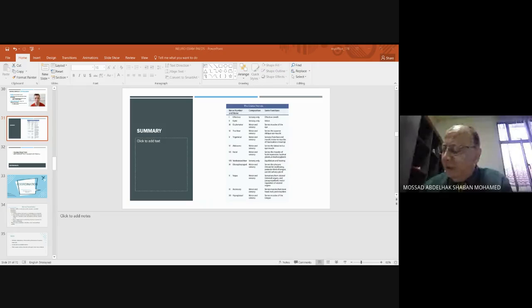And pseudobulbar palsy, which is the most common in children. And the last one, how to examine the cranial nerves if the child is not cooperative. It is very, very important as we speak about. Now, Dr. Alawi will supervise you for the remaining parts.